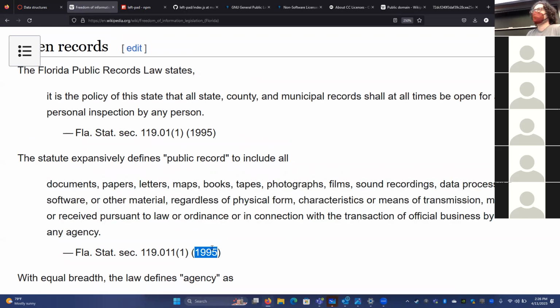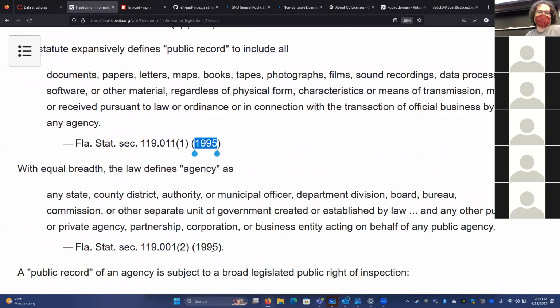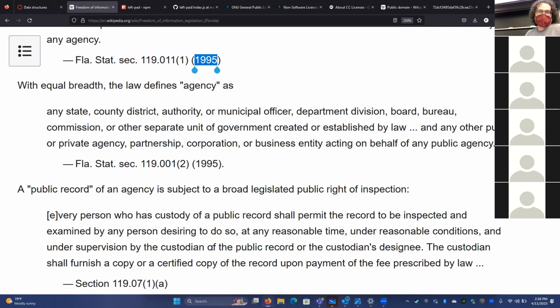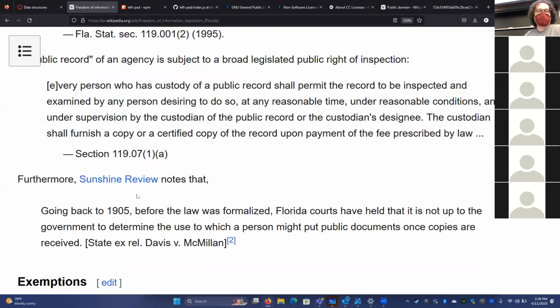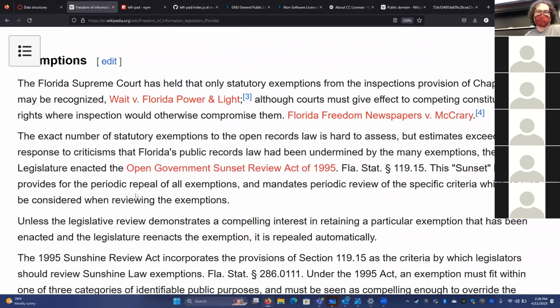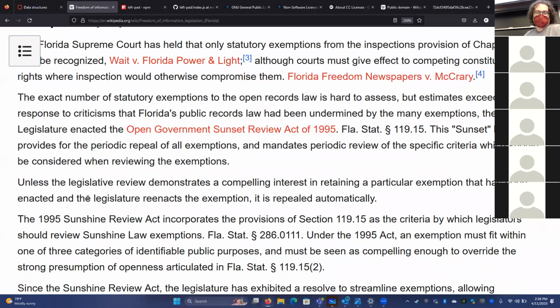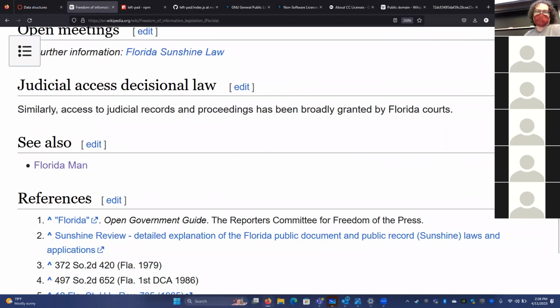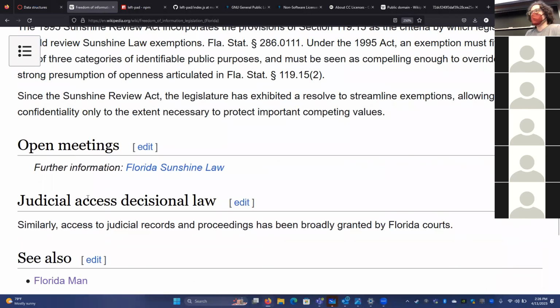Pretty early on in terms of figuring out legislation around that kind of stuff. The law defines agency as any state, county, district, authority, municipal officer. Ooh, very broad. There are certain exemptions, such as personal information, like social security numbers. But long story short, it is very, very open.